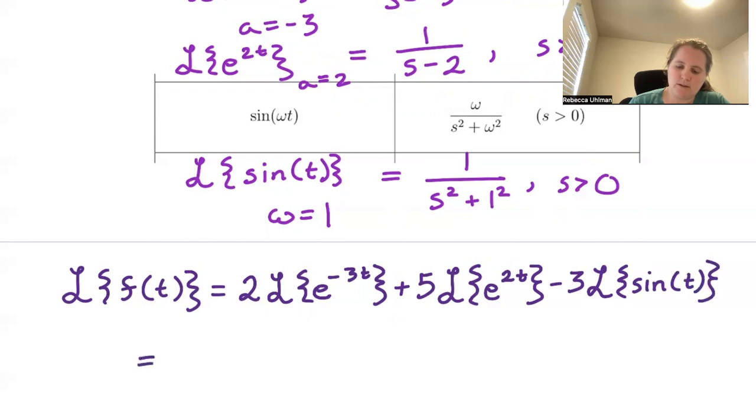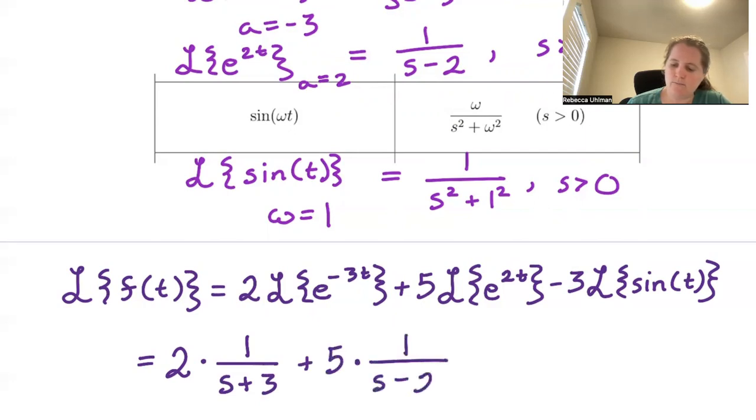This becomes 2 times 1 over s plus 3 plus 5 times 1 over s minus 2 minus 3 times 1 over s squared plus 1.